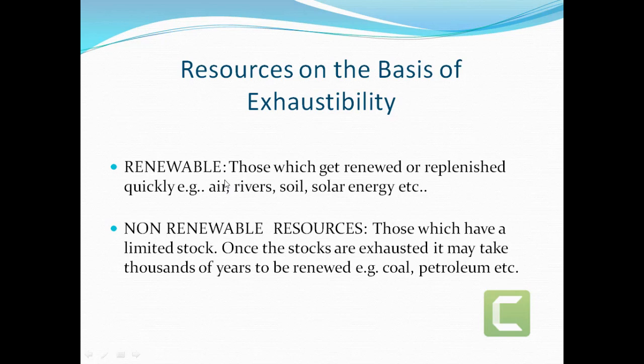Renewable resources are those resources which can be renewed very quickly. Some of these are unlimited and are not affected by human activities, such as solar and wind energy. It may also be air, rivers, soil or anything.